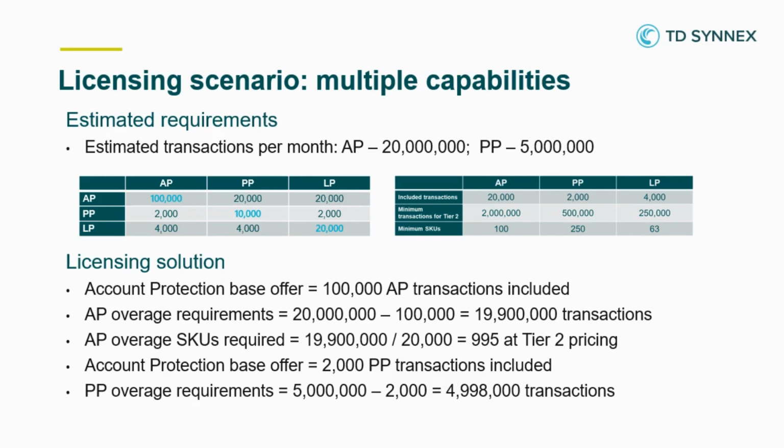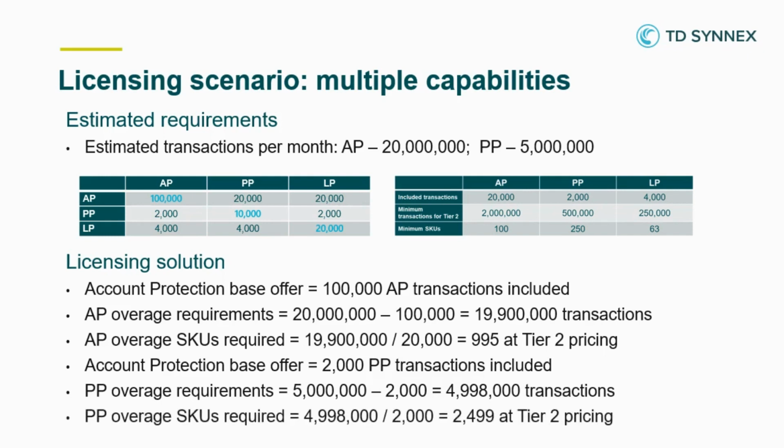So looking at the purchase protection overage SKU on the right-hand table, we see that 2,000 transactions are included. So our calculation is to take the total overage transactions figure, divide it by 2,000, giving a requirement for 2,499 overage SKUs, which is greater than the 250, the minimum for the Tier 2 pricing.